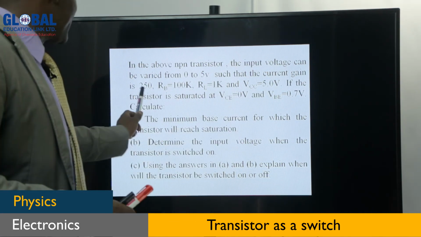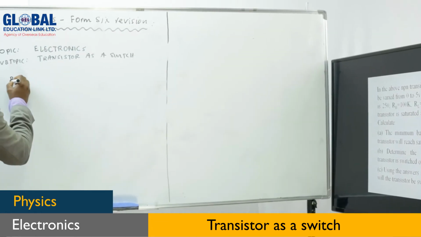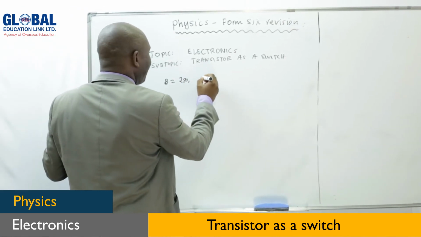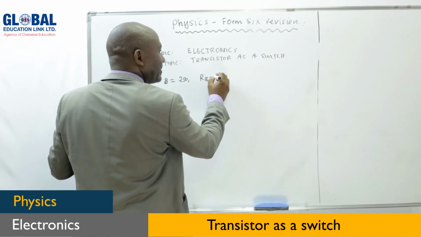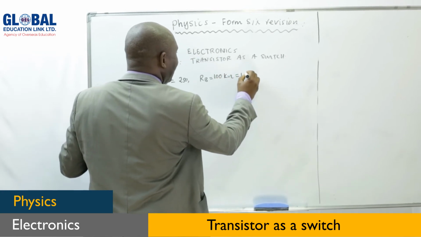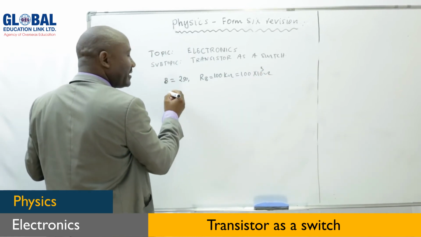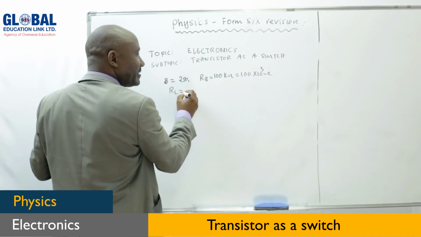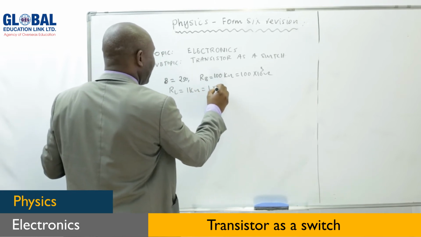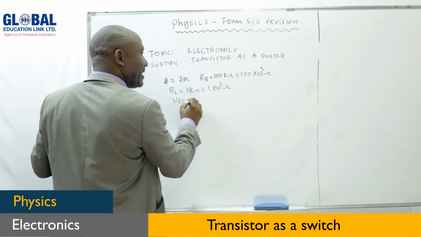The current gain of the transistor is given as 250, and the input resistance as 100 kilo ohms, which is 100 times 10 to the power 3 ohms. The output resistance is 1 kilo ohm, which is 1 times 10 to the power 3 ohms. And the supply voltage is given as 5.